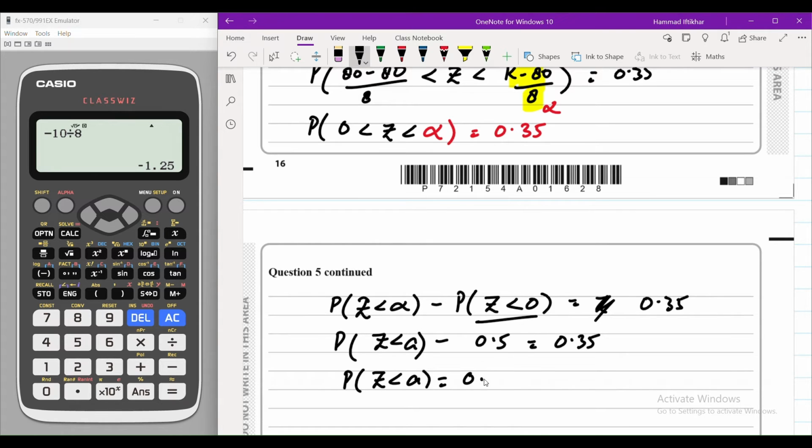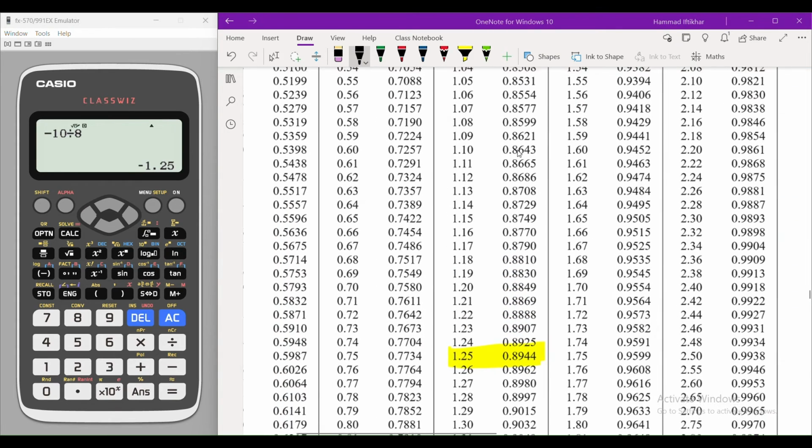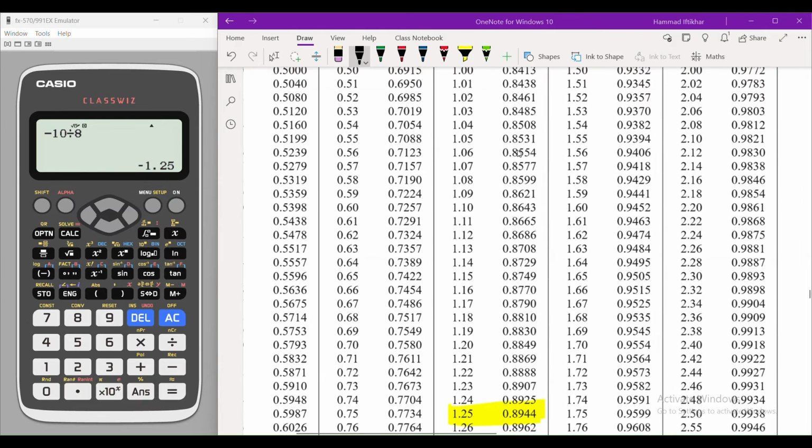So this means 0.5 plus 0.35 equals 0.85. Now we go back to the table and see what it corresponds to. Let's find 0.85. It is in between these two values.